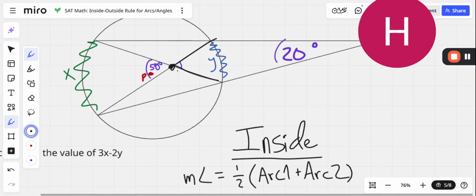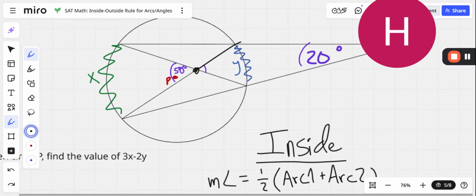That would be y. There it is. And then we have an intersection along this side of things, which creates an arc called x. Now, x and y are not necessarily the same arc value, even though these two angles are.